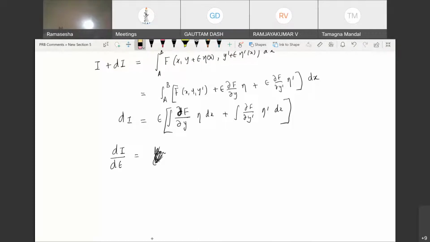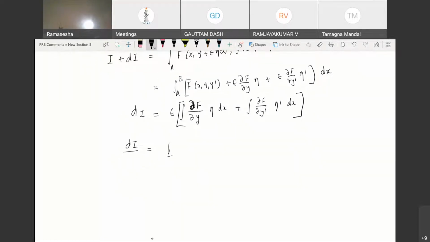So dI by epsilon is equal to the integral of del f by del y eta dx plus the integral of del f by del y prime eta prime dx.